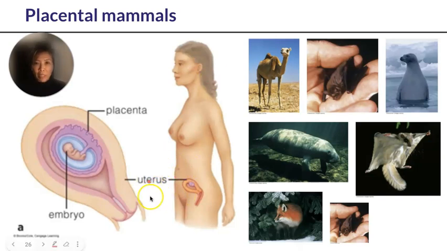So now we're internally developing, similar to the egg, this environment that allows the embryo to grow and develop and provides nutrients for the developing embryo, as well as eliminating any waste that the embryo is producing. And additionally, it provides protection for that developing embryo, right? So in the next section of this lecture, we'll start visiting human evolution.